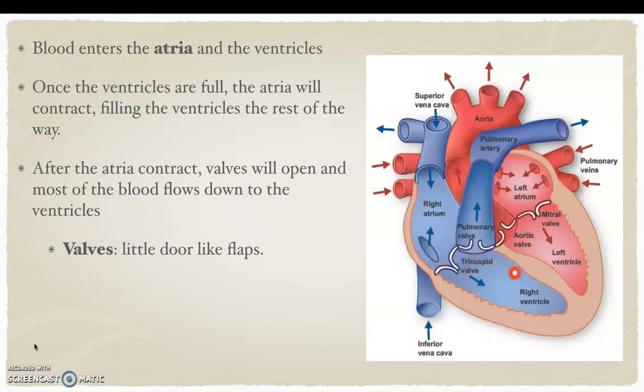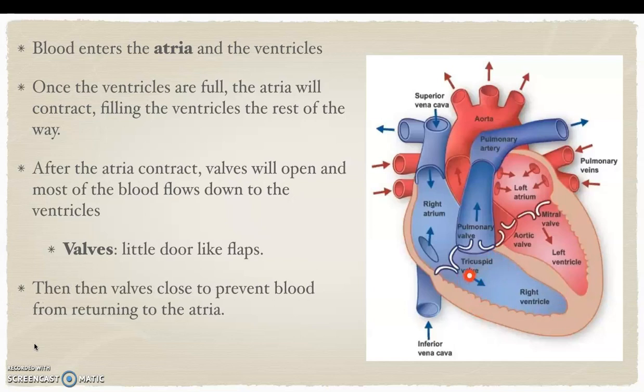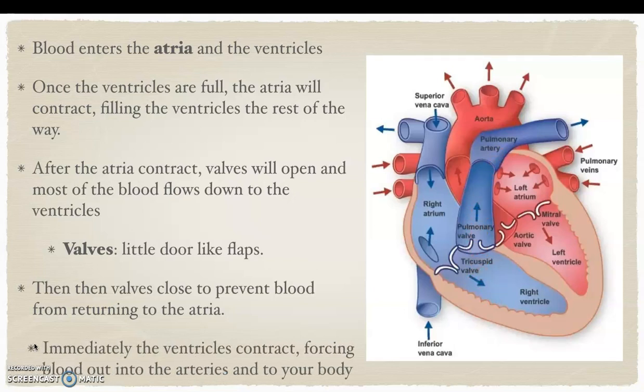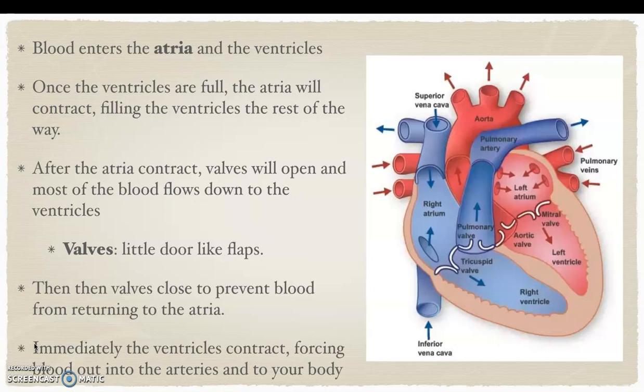After it goes to the ventricle, as you can see, there is another door right here. The blood will go from this ventricle to the pulmonary valve, to the arteries. Then the valves close to prevent blood from returning to the atria. And the last step is that immediately the ventricles will contract, forcing blood out into the arteries and to your body.